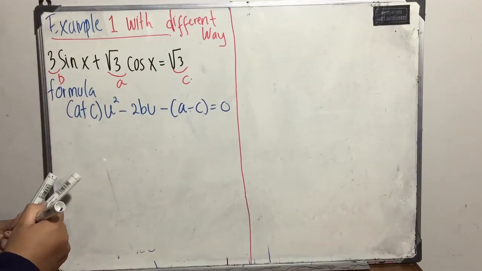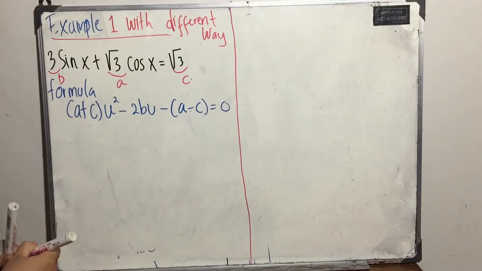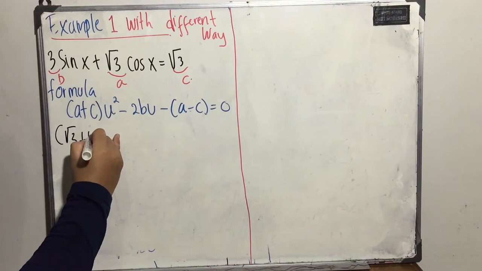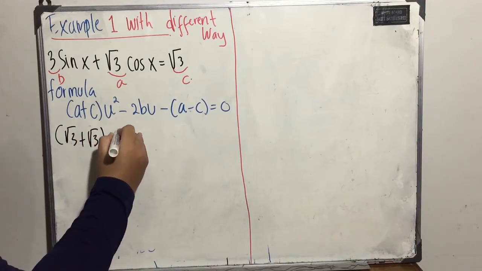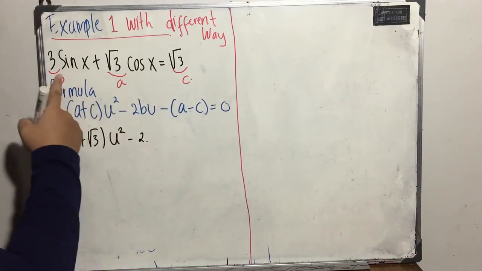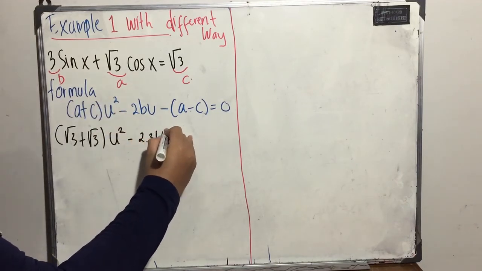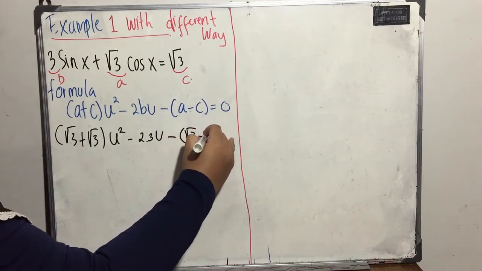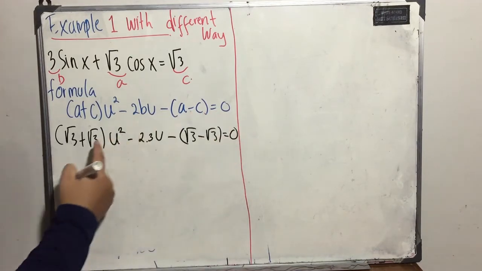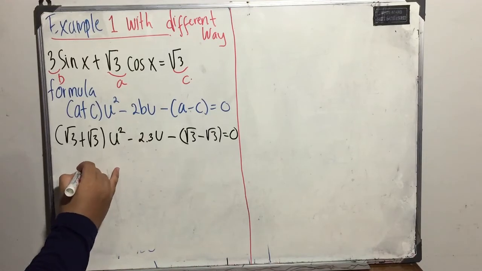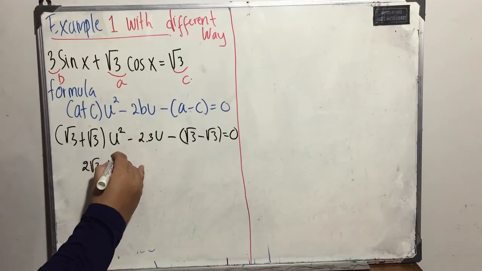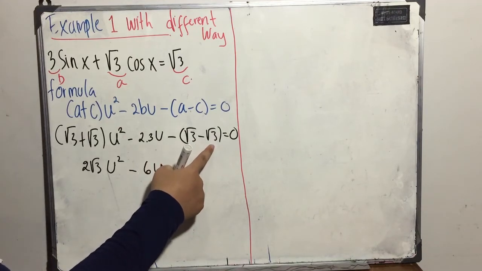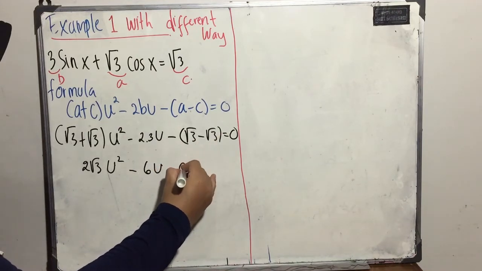So a is square root of 3, plus c is square root of 3, u squared, minus 2 times b, 3u, minus a, square root of 3, minus square root of 3, everyone, equals 0. So from here we get 2 square root of 3 u squared minus 6u, because square root of 3 minus square root of 3 is 0, equals 0.